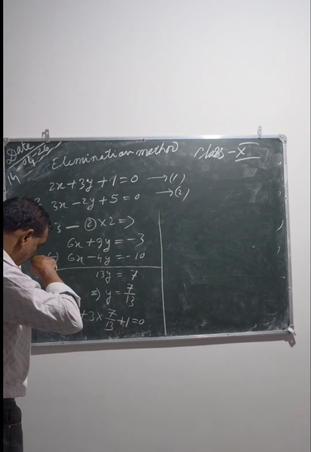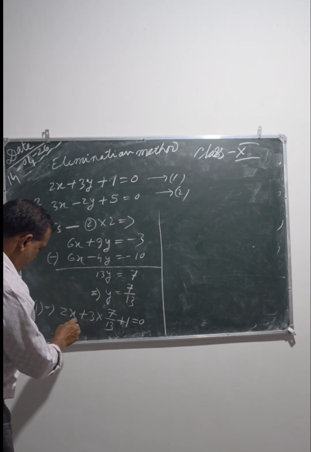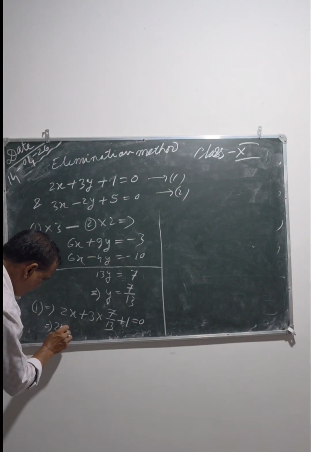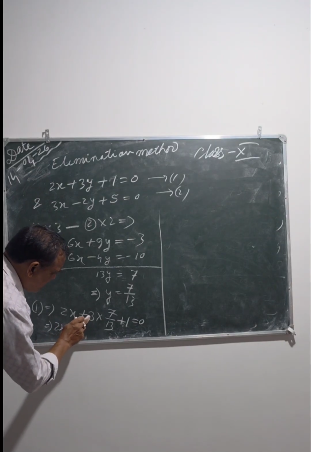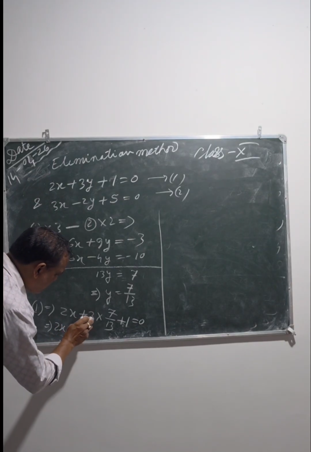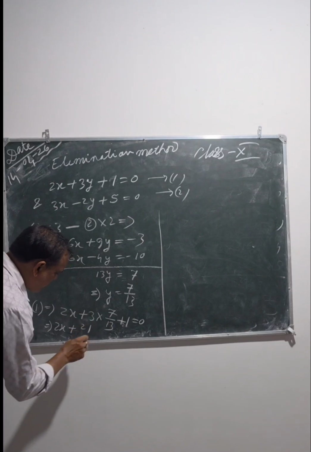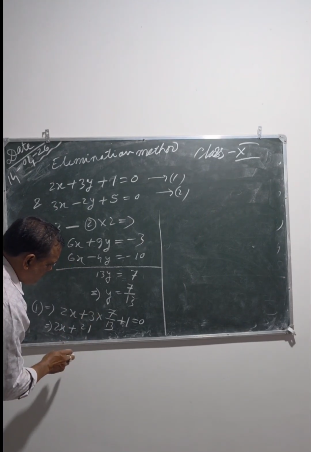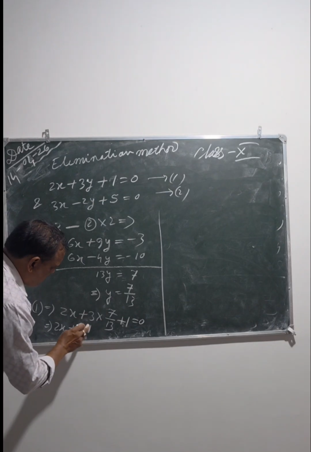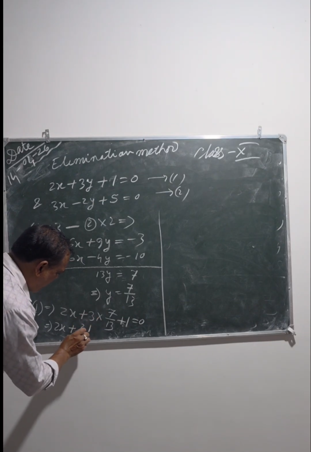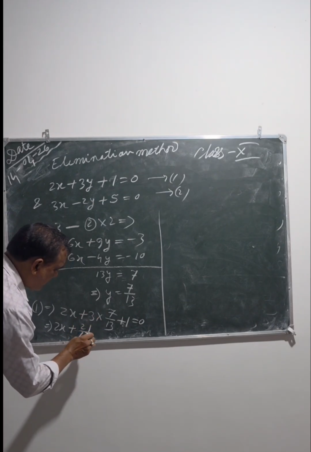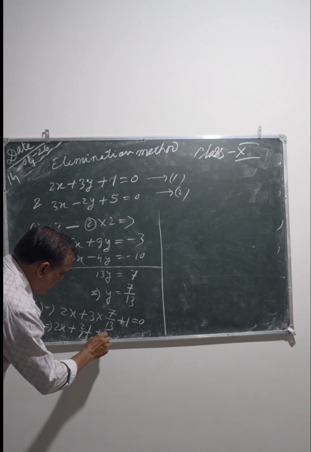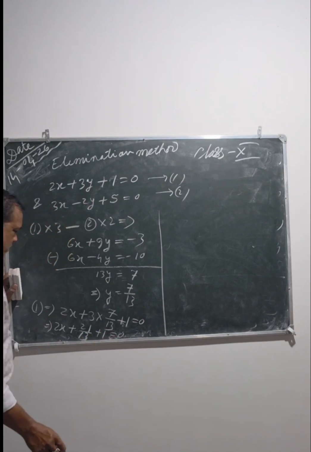Then we cannot cancel it. It will be twice x, 3 sevens are 21, 21 divided by 13, and plus 1 equal to 0.